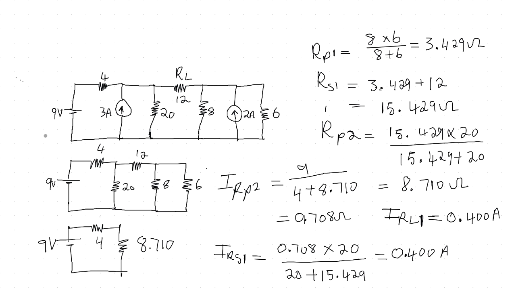This was for VS, and then now we are going for the amps, for IS1. So IS1 means current source 1.